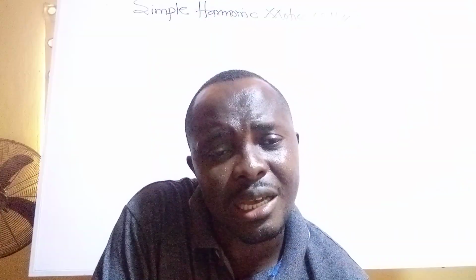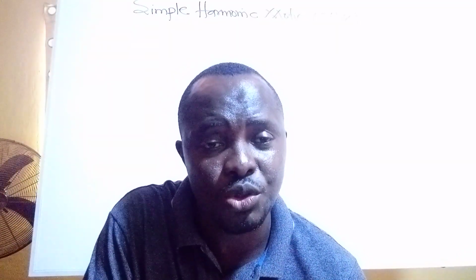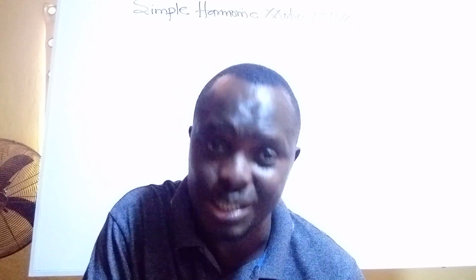What are the attributes? Here we say that the acceleration of the body is always directly proportional to the displacement of the body. Yes, we are talking about key terms here. As a physics student, you must know what acceleration and displacement are.